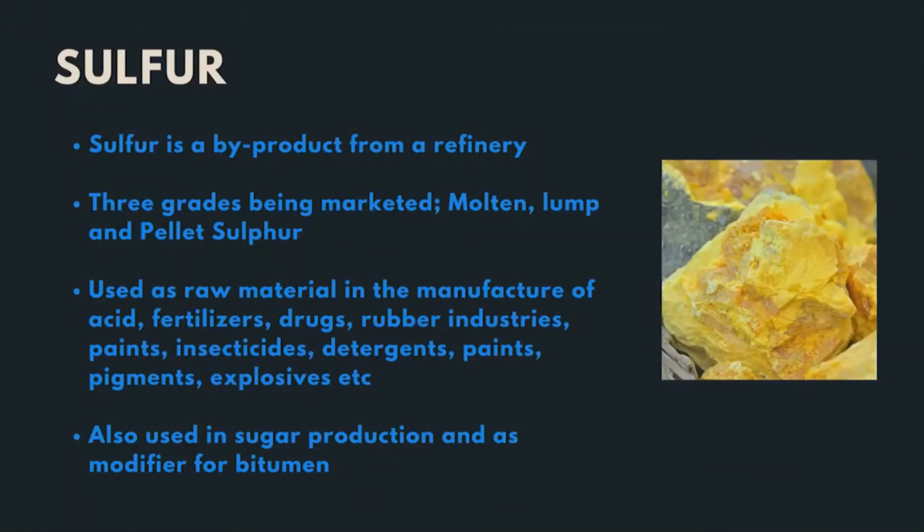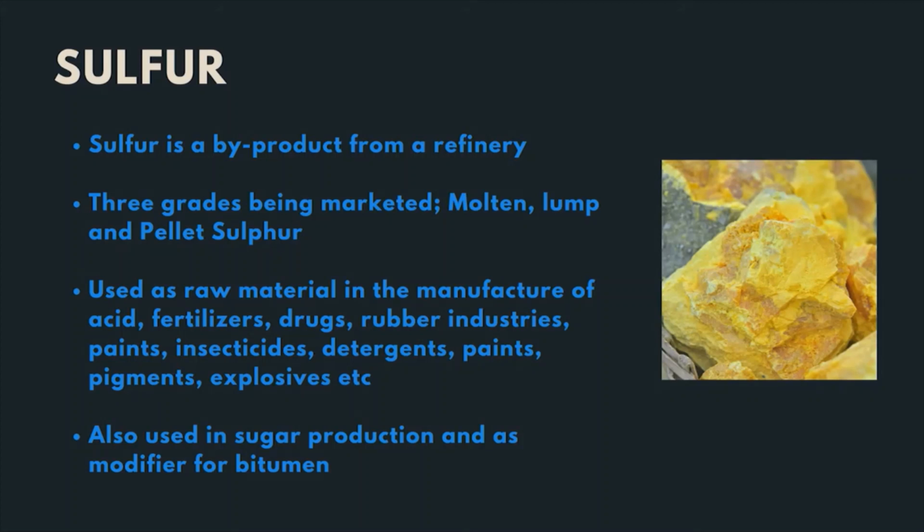There are different grades of sulfur that are being marketed. One is molten sulfur, or lump solid sulfur, or pelletized sulfur. So different forms of sulfur are sold from the refinery to the end customer. It is used as a raw material in the manufacture of acid, fertilizer, drugs, rubber industries, paints, insecticides, detergents, pigments, and explosives.